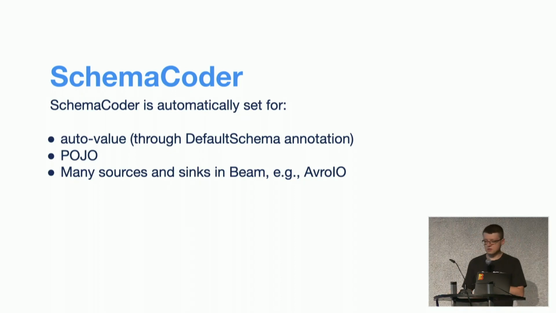As well as many sources and sinks in Beam, they support it. For instance, if you use Avro objects, you would actually get a PCollection that has a schema. You can call PCollection.getSchema, and it will return you a structure of it. There are others, for instance, BigQuery and PubSub, that support it as well. Tomorrow there is a talk about protobuf support for schemas, if you want to learn more.